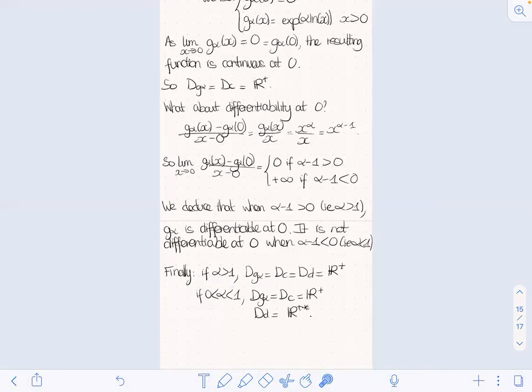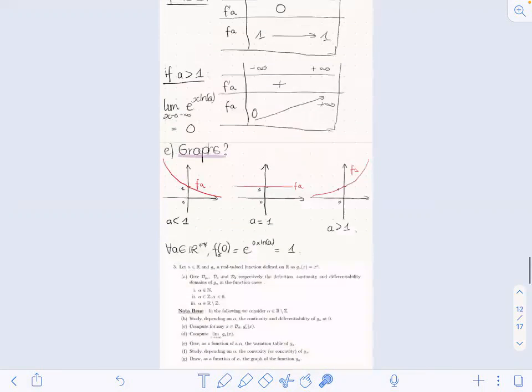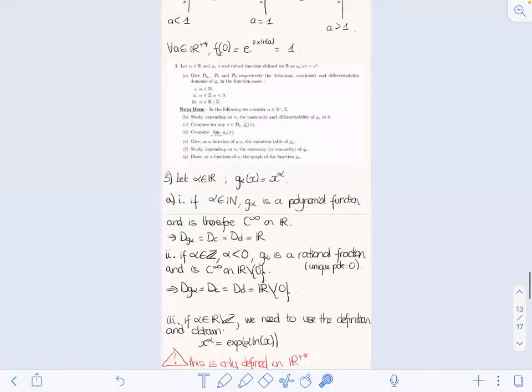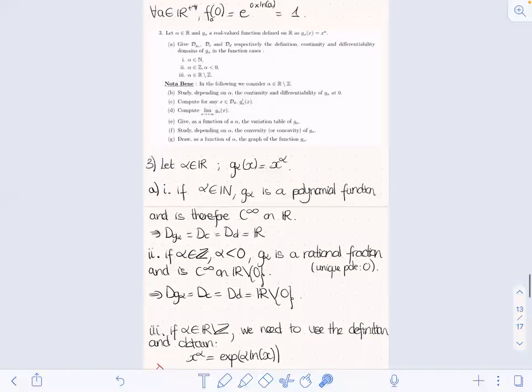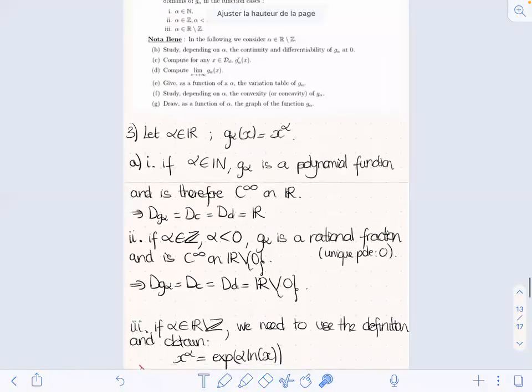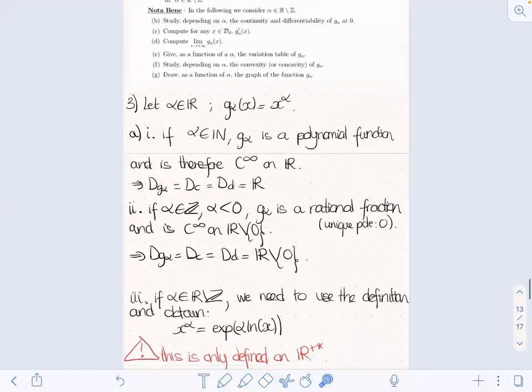That will give us three different graphs, much in the same way that earlier for values of a, we had three different graphs and three different behaviors. And so we're going to perform the analysis of the function with that in mind.